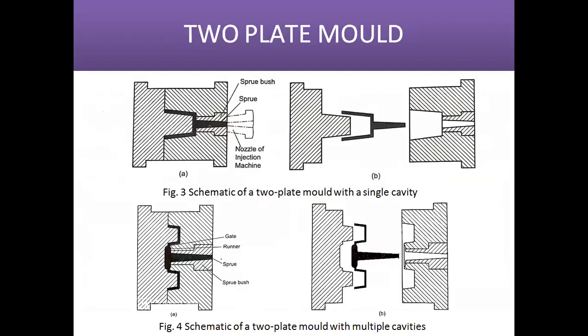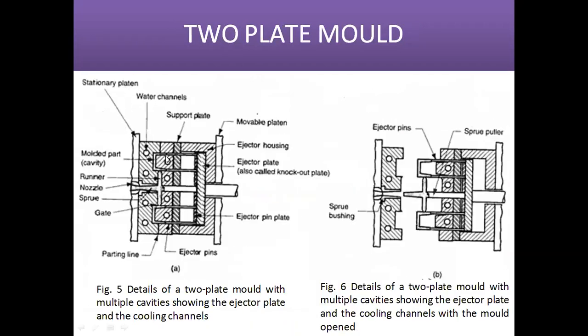That means if we can cool the molded material quickly, then the total completion time for one molding will be much less. That means we can perform some more injection molding within the same period of time.